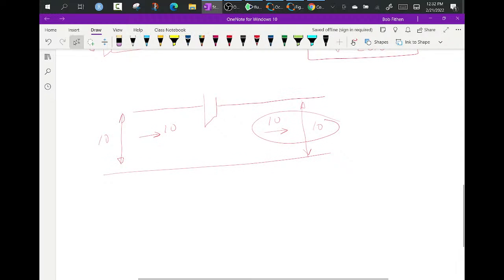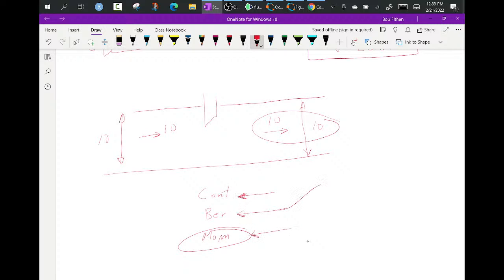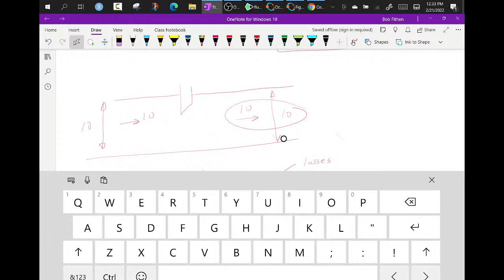There are 3 things that happen here. One is Bernoulli's equation, continuity, but there's also momentum, which we haven't even gotten into yet. So these have to be satisfied. This one's absolute. This one's absolute. This one can branch off. Here's what I mean: losses, no losses. Let's talk about what happens if there is a loss here.